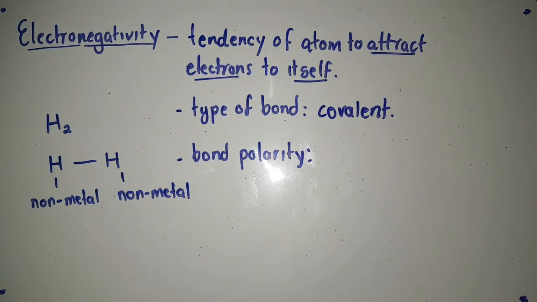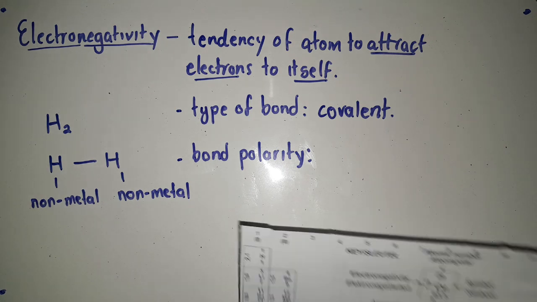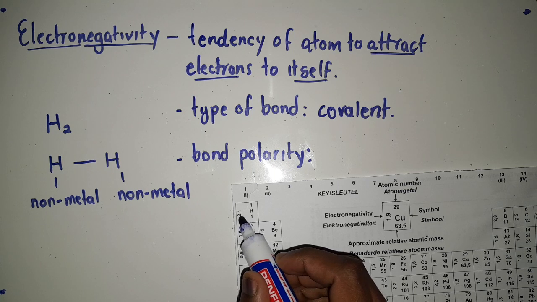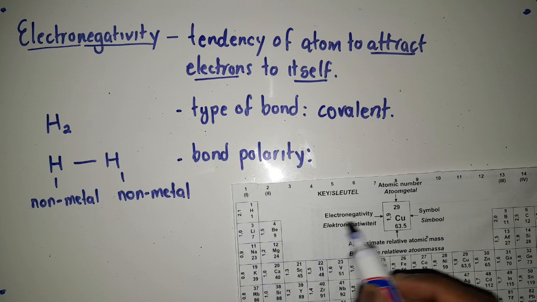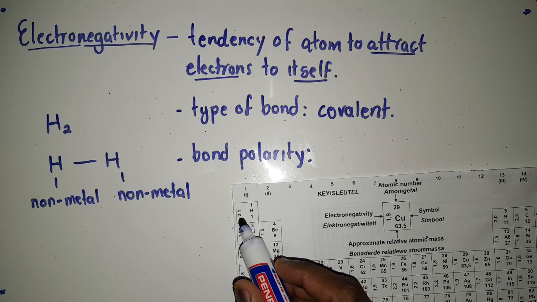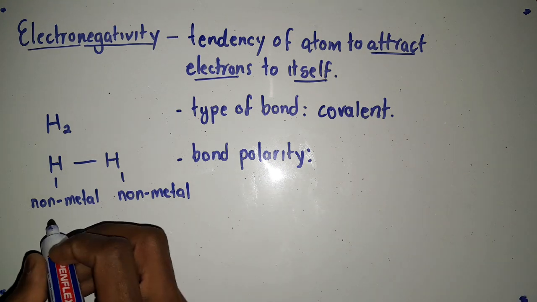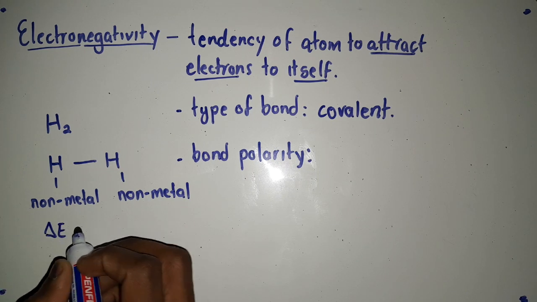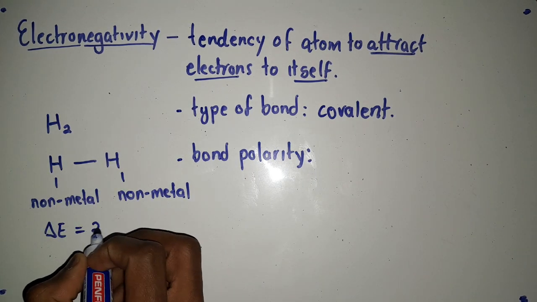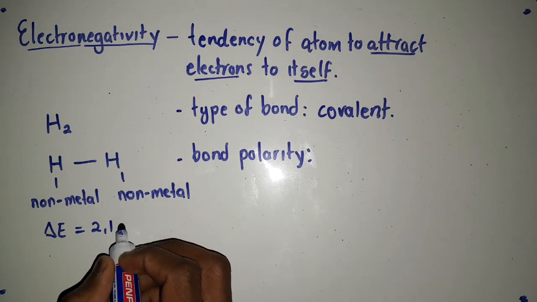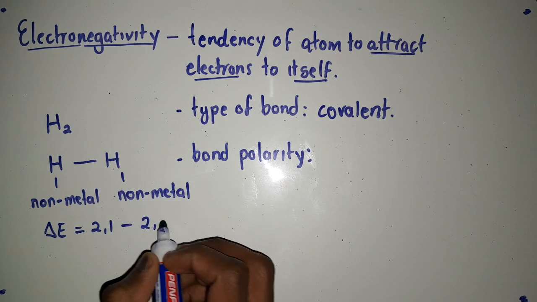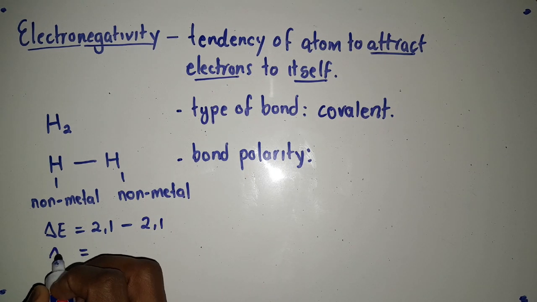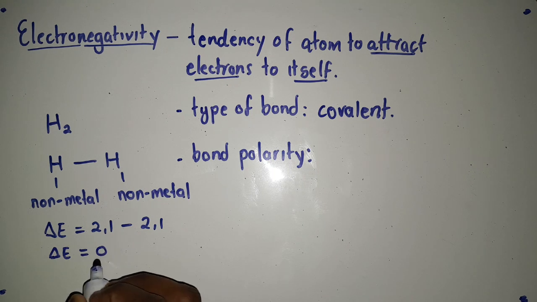Then for bond polarity, we take the electronegativity of each, which is hydrogen in this case. This number represents the electronegativity of hydrogen, 2.1. We take the difference, 2.1 minus 2.1, and clearly we get 0.